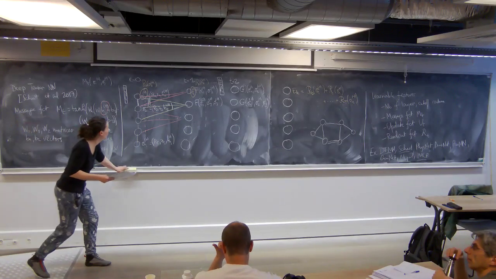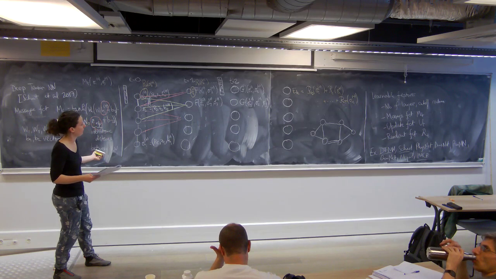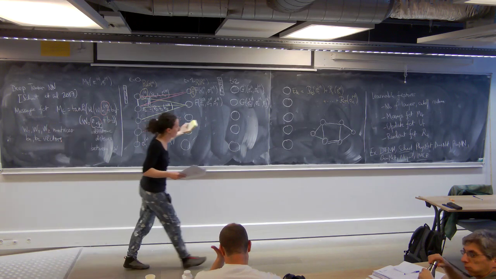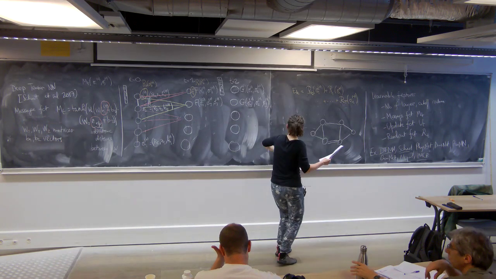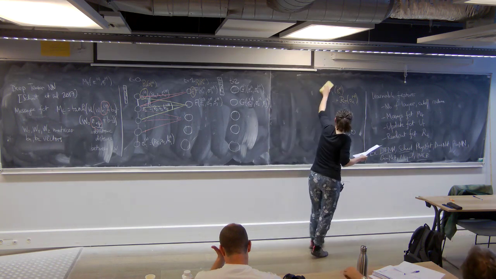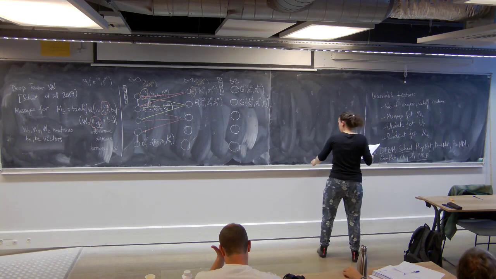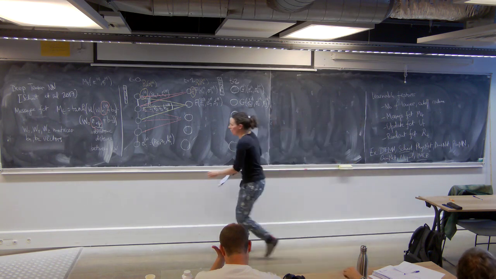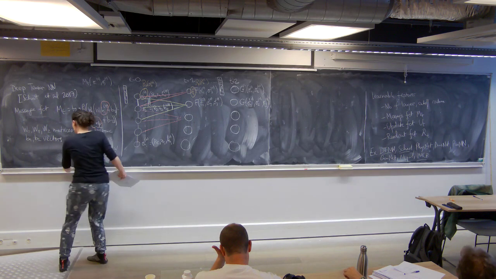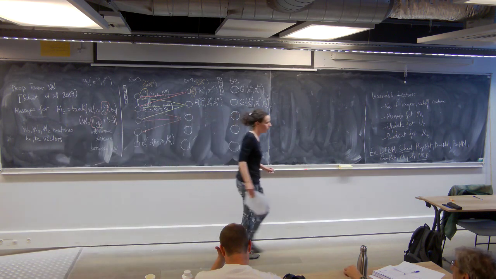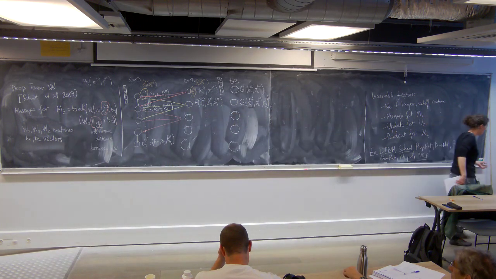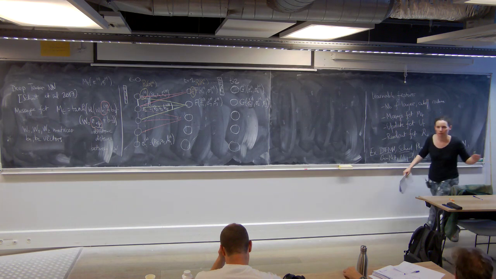Okay, and so now I will kill this, and then let's erase this. And so here, the update function. Maybe I put a color on the weights, on the parameters that you have to fit.